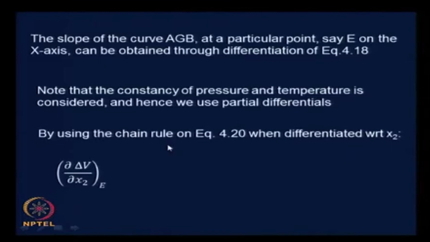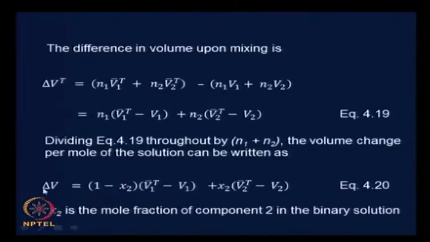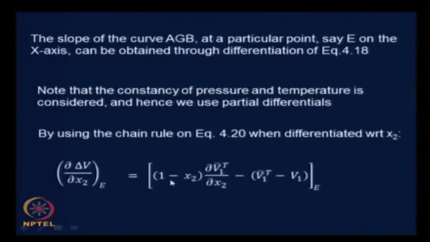if you use equation 4.20 differentiated by the chain rule, dou delta V by dou x2 at the point E, we are doing this differentiation at the point E. So, dou delta V by dou x2 at the point E, please keep this in mind when you are differentiating it, is nothing but 1 minus x2 dou V1 t hash by dou x2 minus (V1 t hash minus V1), taking 1 minus x2 into this, therefore first function into derivative of the second function, which will turn out to be dou V1 t hash by dou x2, minus the second function into the derivative of the first function, dou by dou x2, which will turn out to be 1.